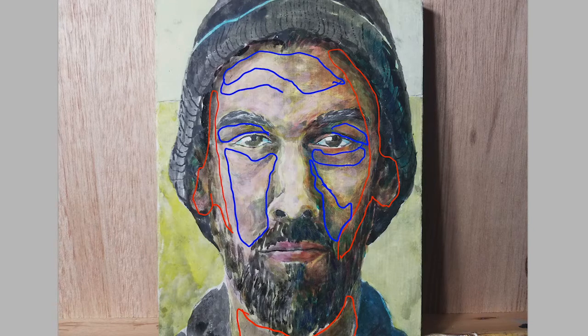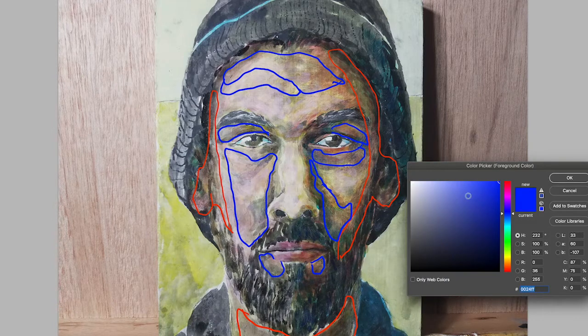Maybe even a little bit more of this. And these little spots. Those are going to be in the middle range in terms of contrast, saturation, and lightness or darkness.